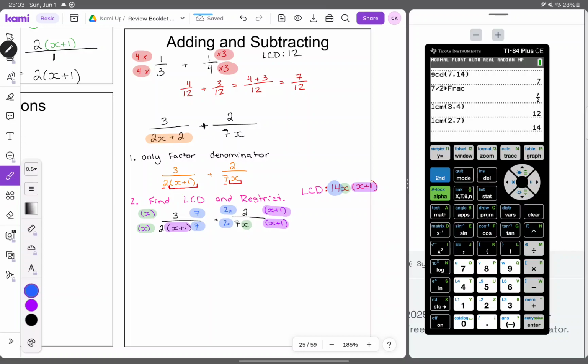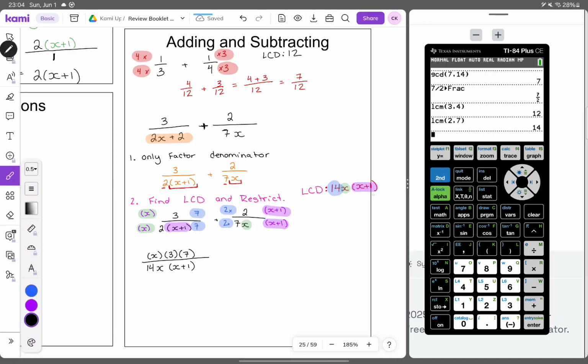All right, so let's write this all out. So now in my numerator, I have an x, I have a 3, I have a 7, all over, well, 2 times 7, we're now going to have a 14x, x plus 1.